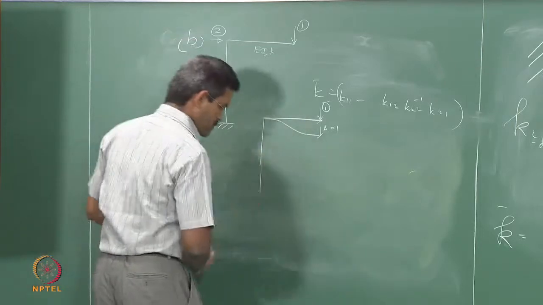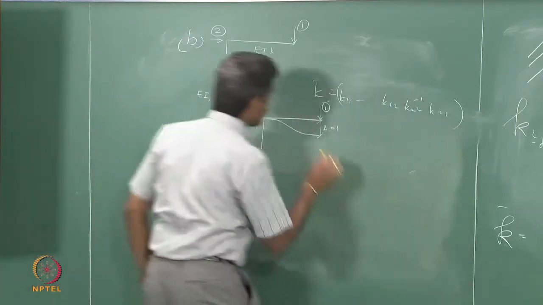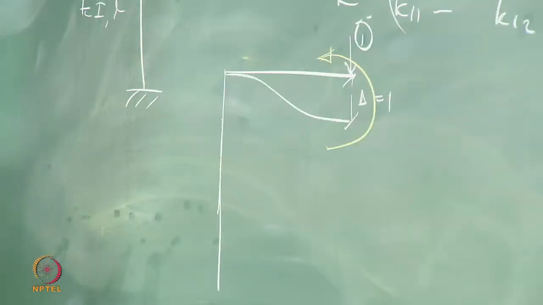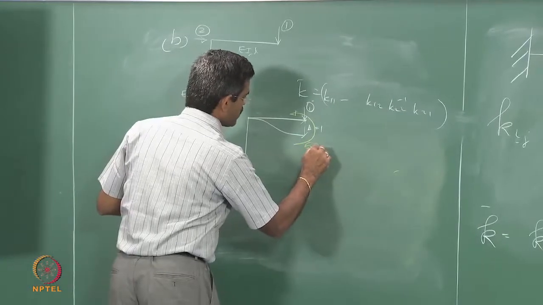So, I require a moment which is 6 E I delta by L square. I am writing it here because there is no space on the head.